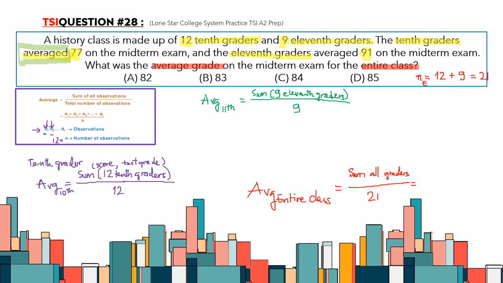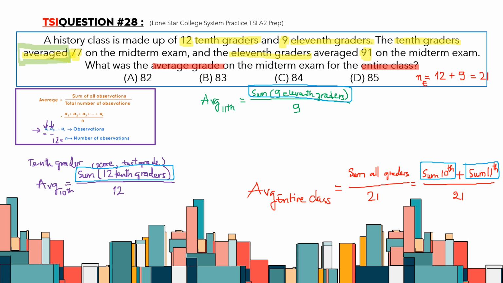And the sum of all scores includes the sum of the 10th grade scores and the sum of the 11th grade scores, over 21. This is the unknown, this is what we need to find out: the sum of the 11th graders and the sum of the 10th graders.